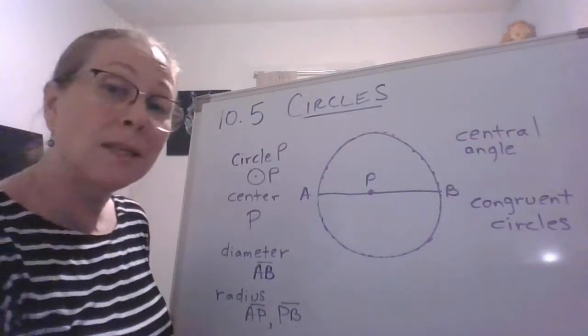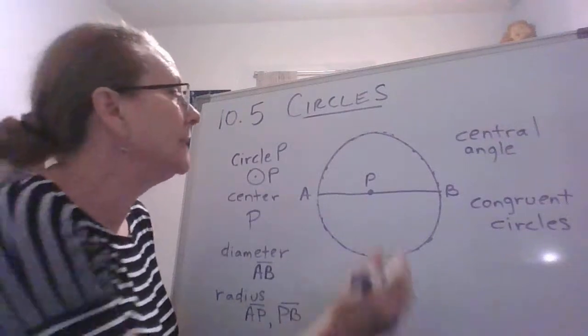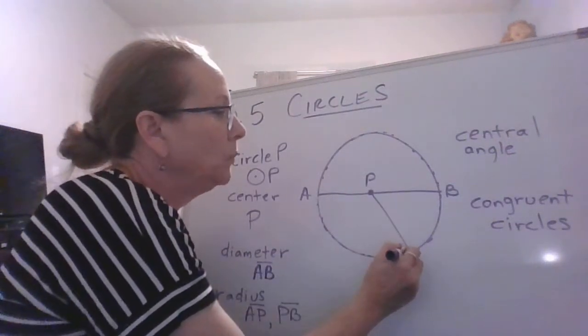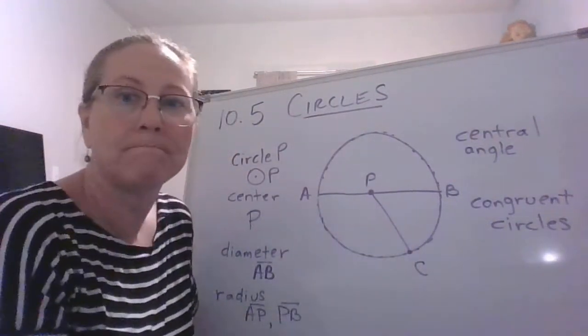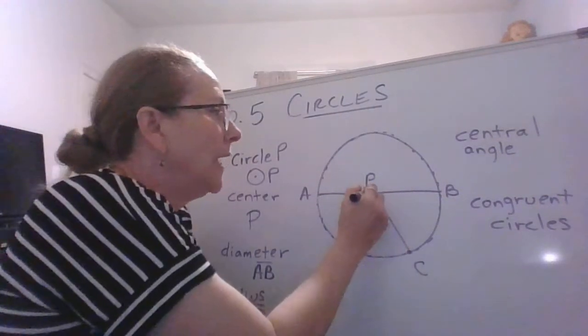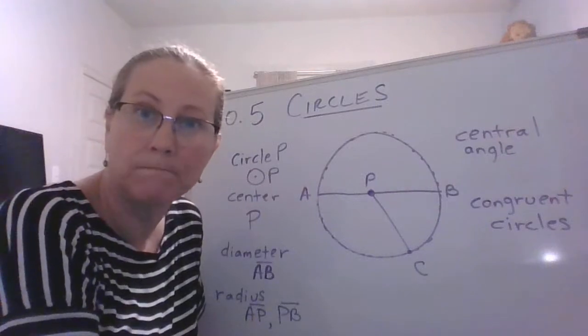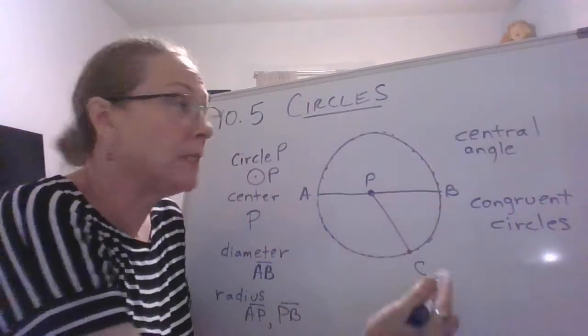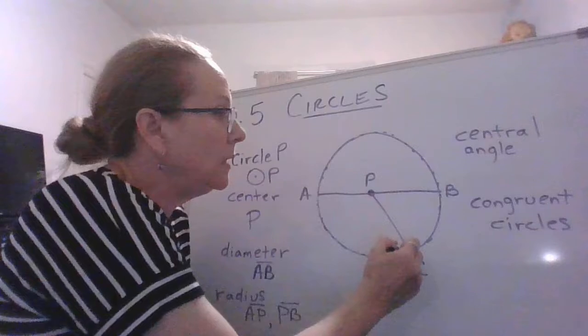Now, central angle. I'm going to add another point. I'll put a point over here, C. A central angle is an angle with its vertex at the center. That's why it's central. So an example of a central angle, BPC.